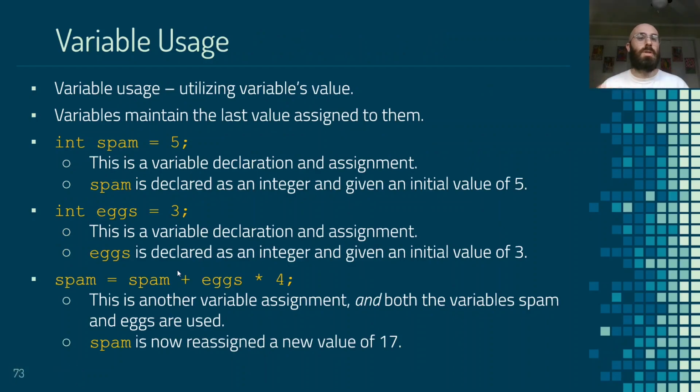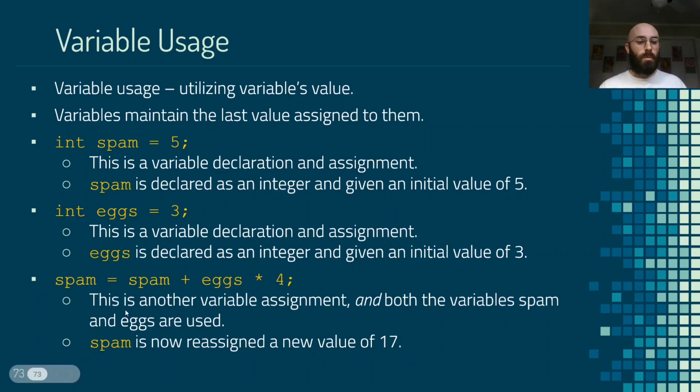Now, this is what happens if we were to use a variable's value. I showed that in the initial example, but I really just want to drive the point home. So if I had some program that had these 3 lines of code, these first 2 are just me declaring the variable, basically saying its name and its type, and doing some initial assignment. There's an assignment operator there, so I'm taking the right-hand side and assigning it to the left-hand side. So now it's declaring spam as an integer and giving it an initial value of 5, and eggs is an integer with an initial value of 3.